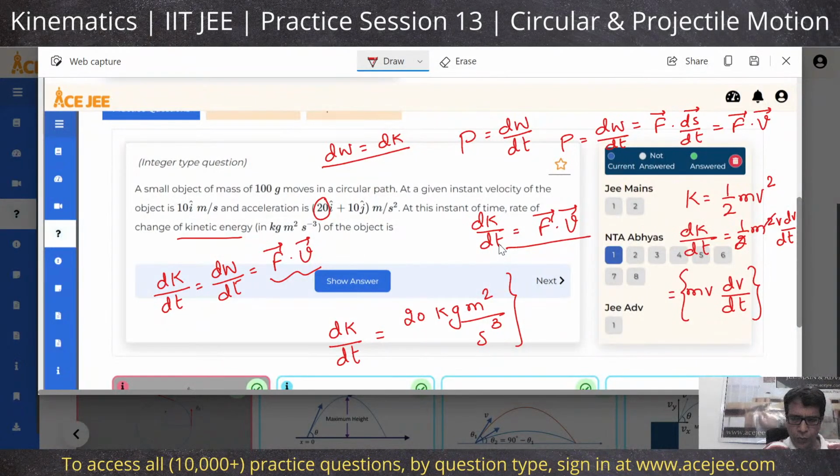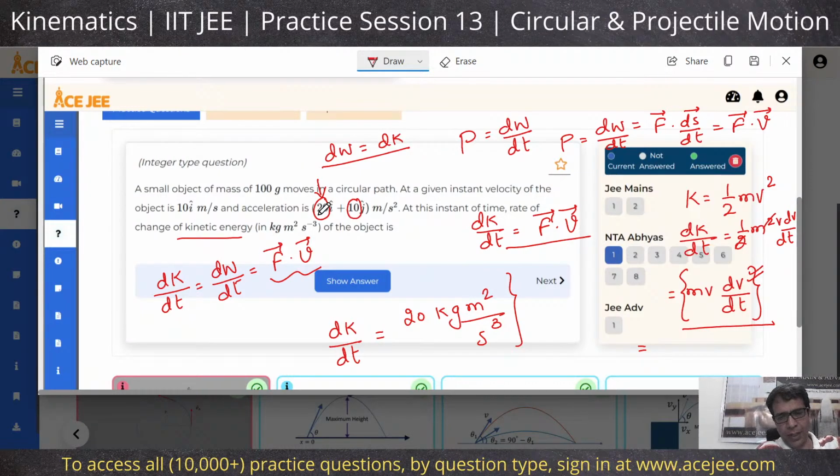Ruchika, if you were to do it from our standard method, dk by dt is mv dv by dt, and we are interested in the rate at which speed is changing. Speed is changing at this rate, 20. Correct? No? This is the centripetal acceleration 10. If somebody were to ask you how much is the radius, you could have figured that out.